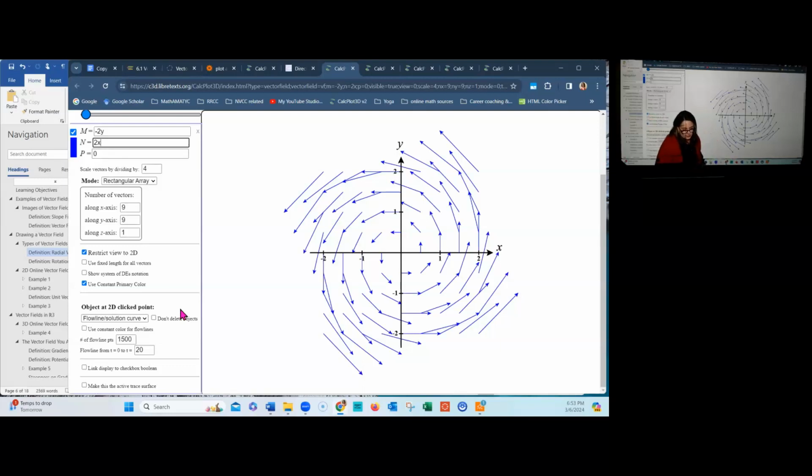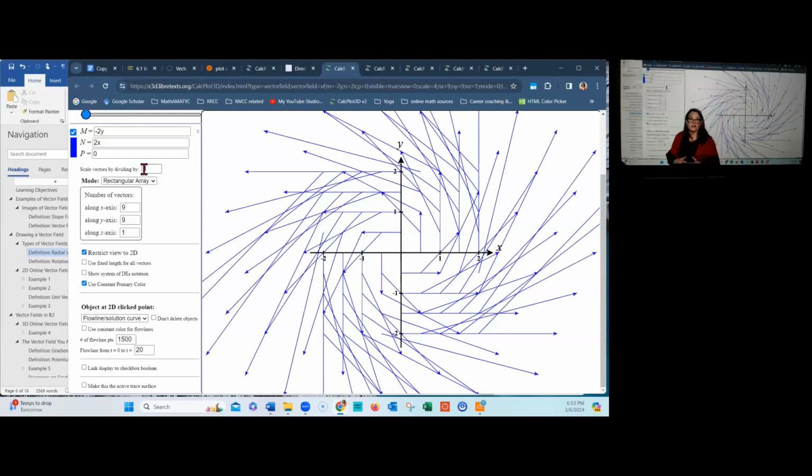Notice also that you can scale the vectors by dividing by a number, and the default here is 4. If I did not divide all the vectors by 4, if instead I let them be their true lengths, let's see what would happen to the graph.